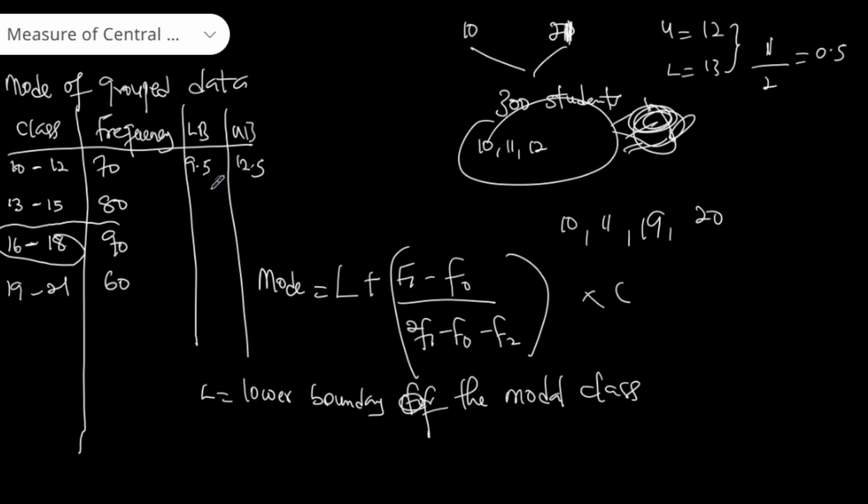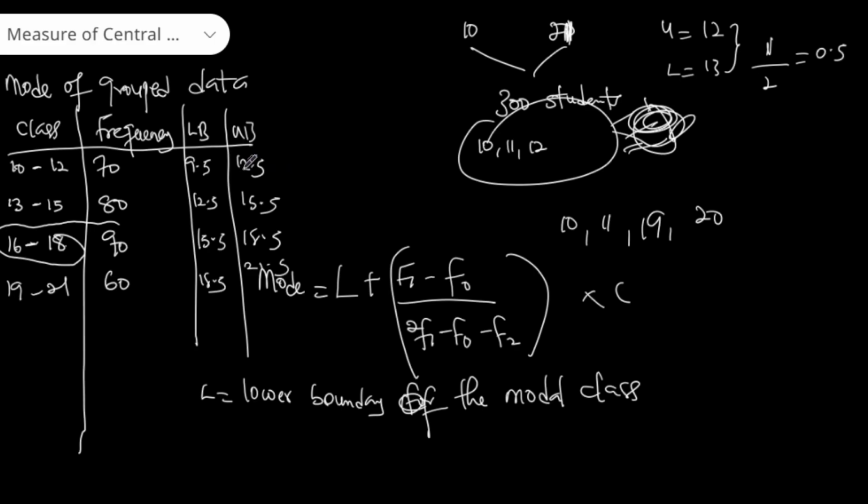The same thing for each class. Subtract from lower class, this is 12.5. Add to upper class, this is 15.5. Subtract, this is 15.5. Add, this is 18.5. Subtract, this is 18.5. Add, this will be 21.5.